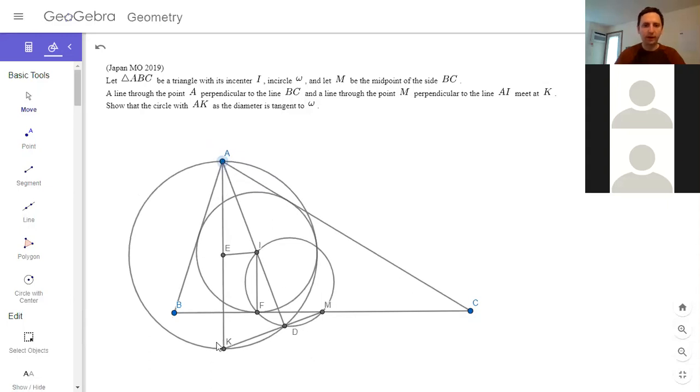We know angle ADK is 90. Oh yeah, no, by definition, AK is perpendicular to BC by how K was defined.